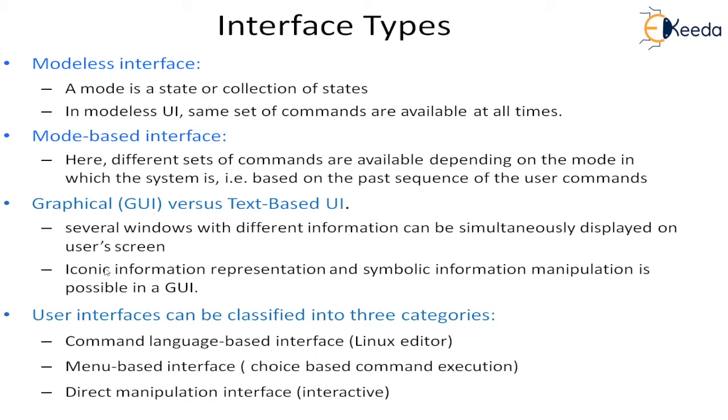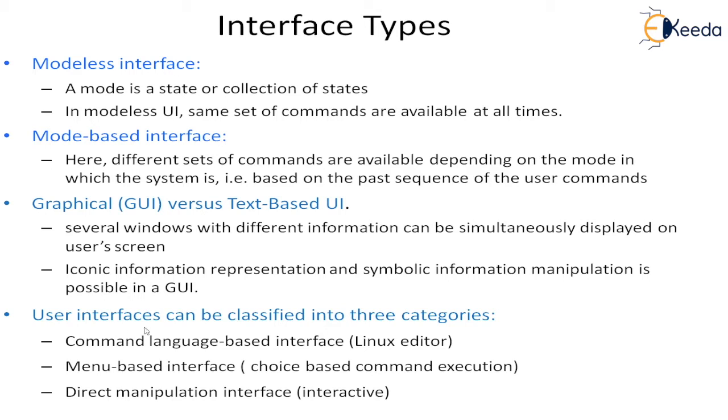Iconic information representation and symbolic information manipulation are all possible in a GUI, but they are not possible in a text-based user interface. In a text-based interface, the user has to patiently type out the commands. It is completely character based. This is character based or text based, and this is graphics based.